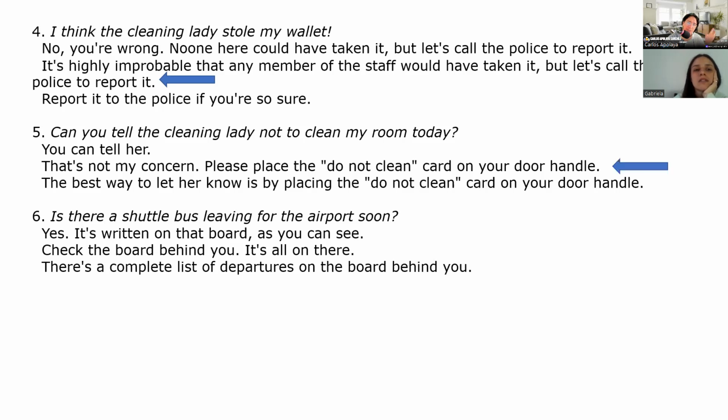That's not my concern. Please place that do not clean card on your door handle. ¿Siempre te acuerdas que se tenía que poner en la puertita para que no limpien? Ahí se pone. Por eso le dice, that's not my concern. Please place that do not clean card on your door handle, en la manija de la puerta. Okay.